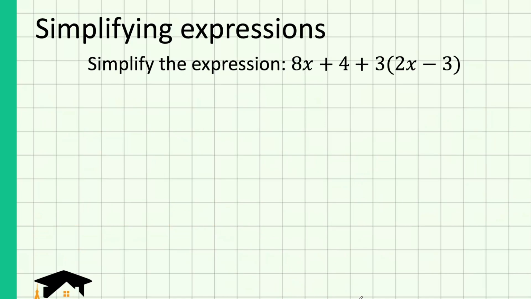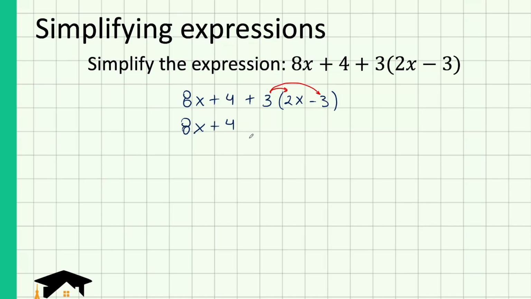Let's have a look at this example. We have to simplify this expression. Let me write this expression again. The first thing that we're going to do is use the distributive law here. We have 3 multiplying all these parentheses, and so we can use the distributive law, which would give us the first two terms.